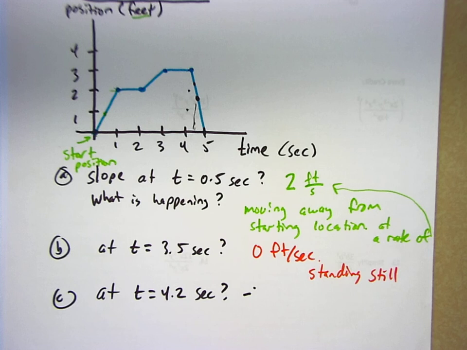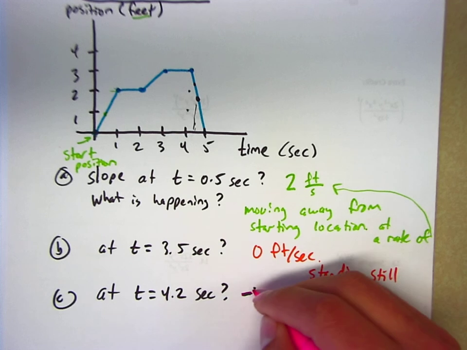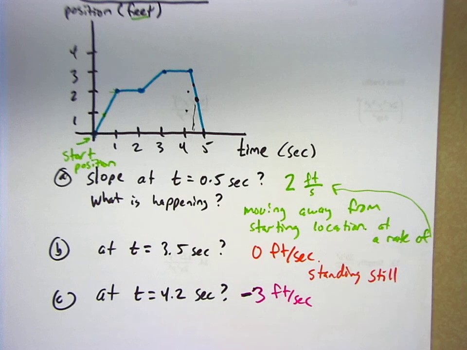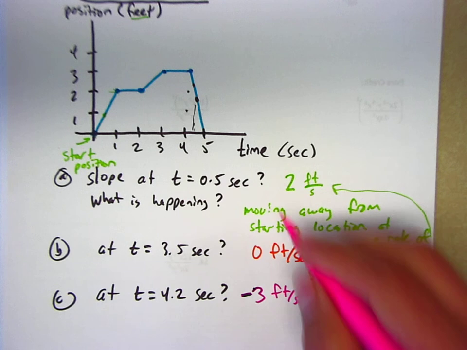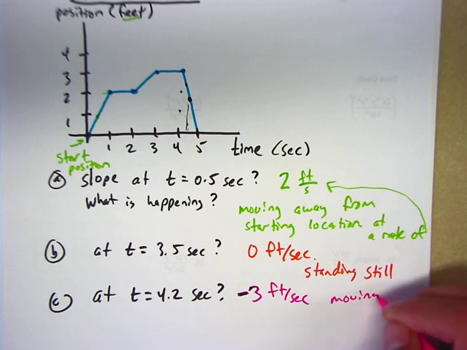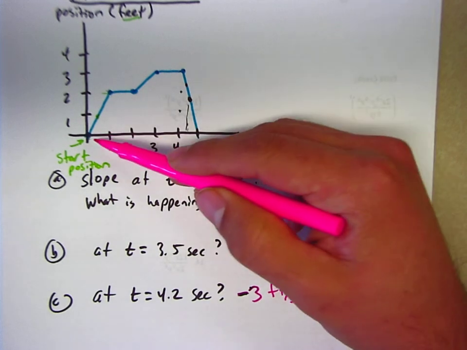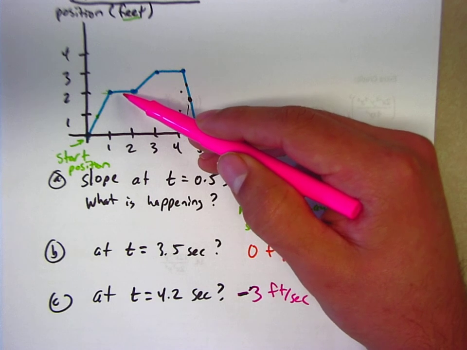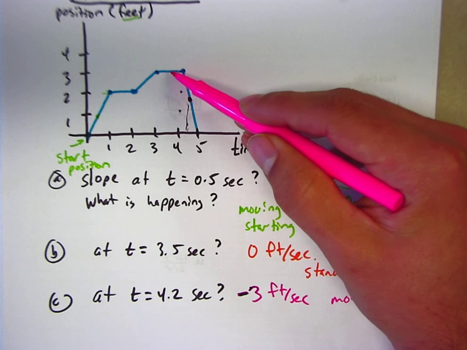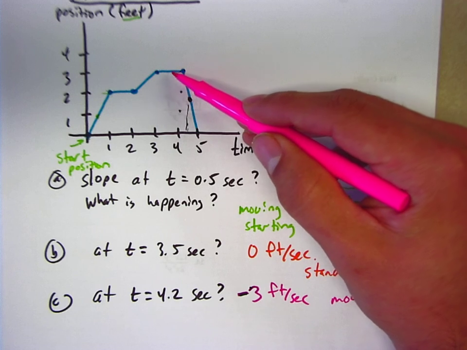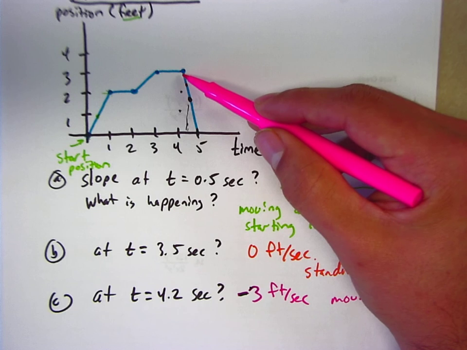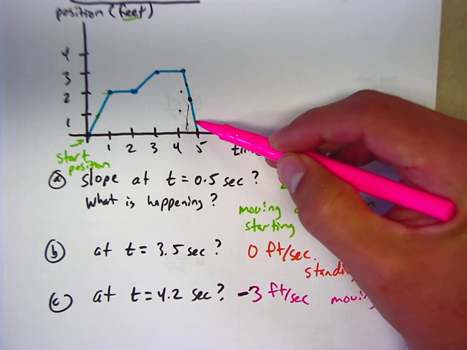Negative 3 feet per second. Okay. And we are moving. So remember, if this is position, right here at this segment, we are 2 feet away from where I started. Here, during this time, we are 3 feet away from where I started. But now, as soon as we hit this blue segment at the end, we're moving back towards where I started.